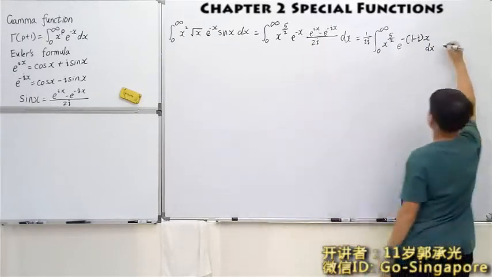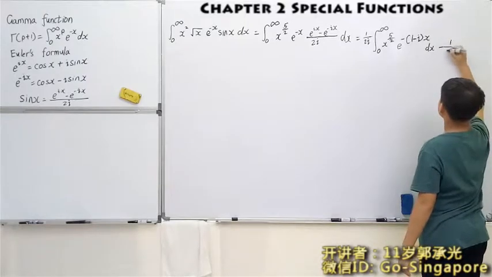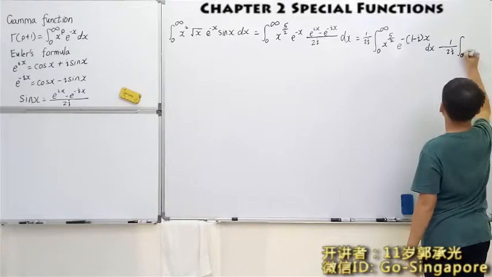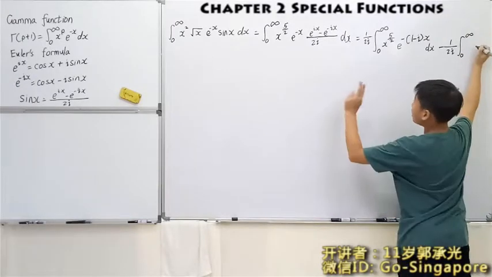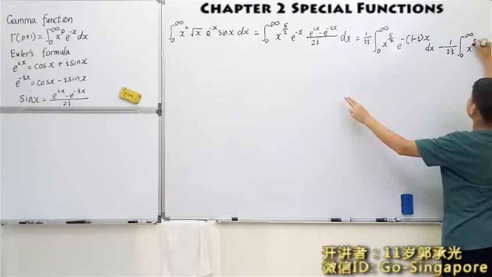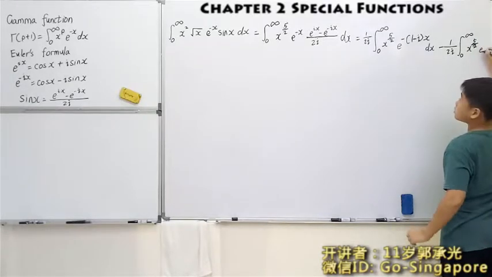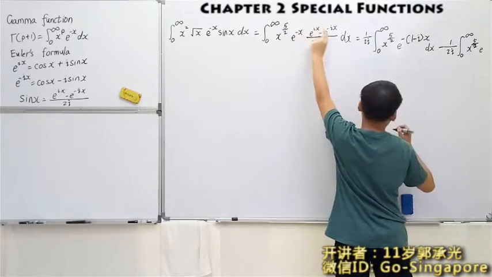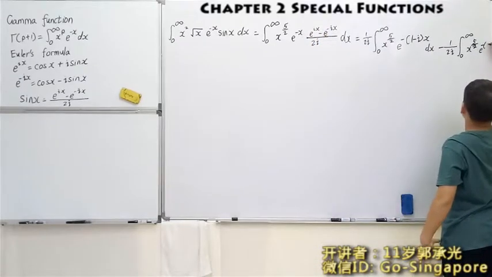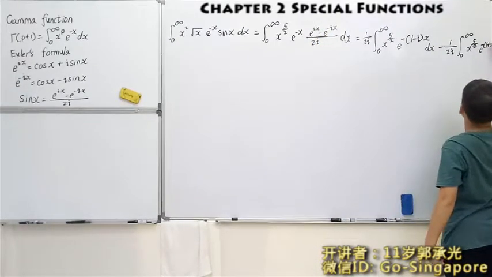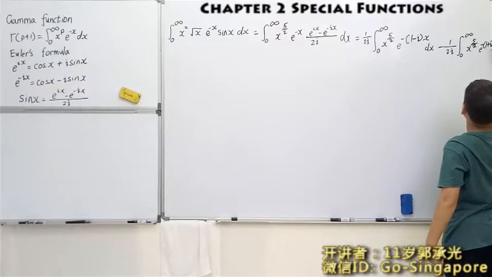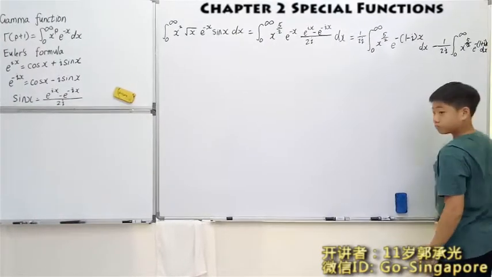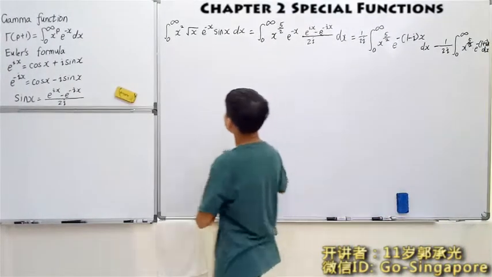Then the part at the back, you have to minus 1 over 2i. Then you integrate from 0 to infinity, x to the power of 5 over 2 times e to the power. Both of them are negative. We'll just take that out. 1 plus i x, then dx, like this.